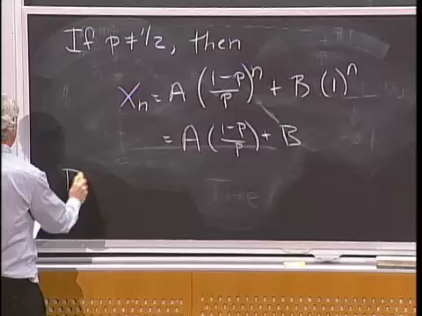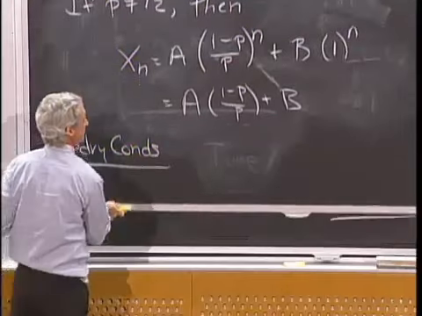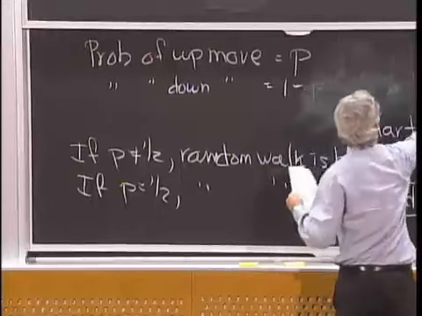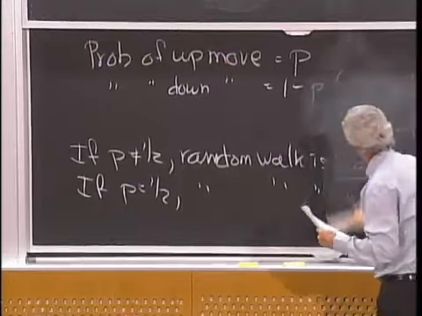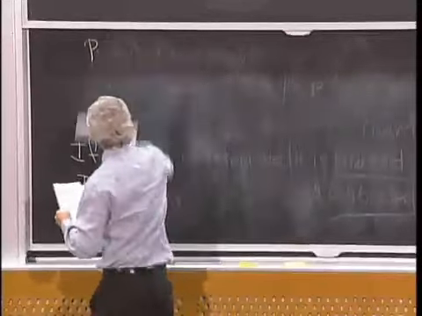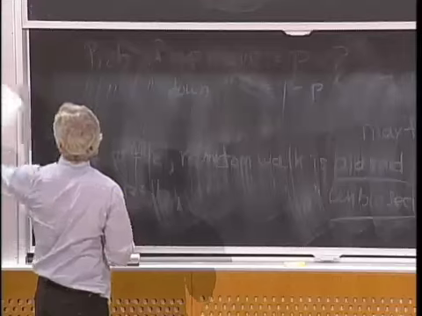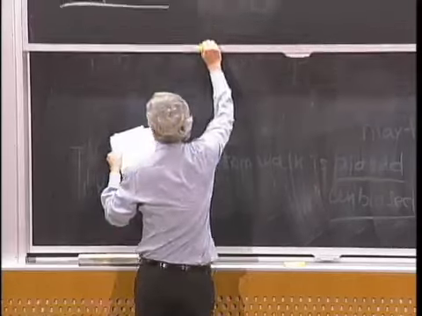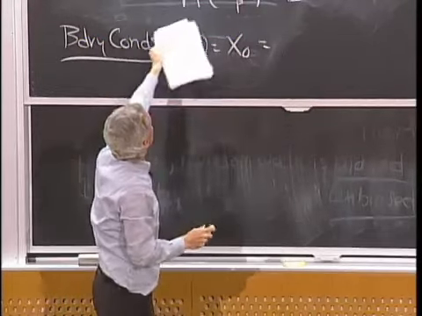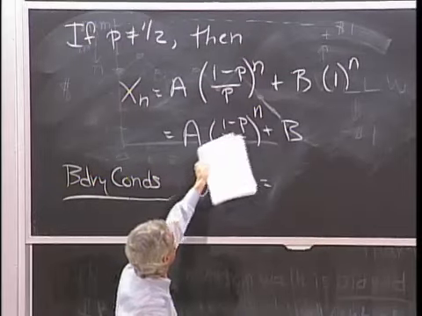Okay. So let's look at the boundary conditions. The first boundary condition is at 0. So we have 0 equals x_0. Plugging in n equals 0, well, this to the 0 is just 1.